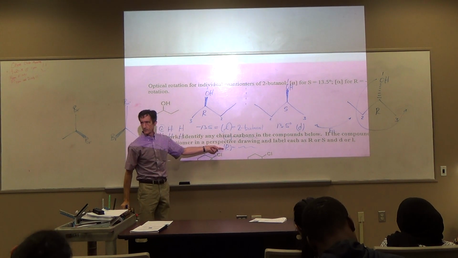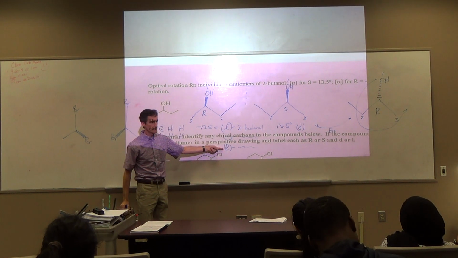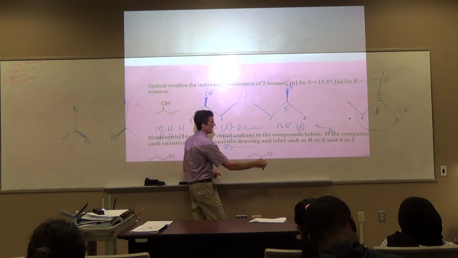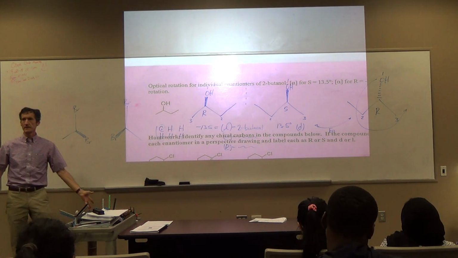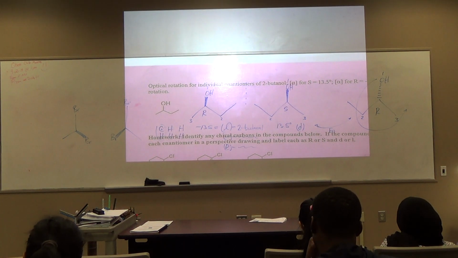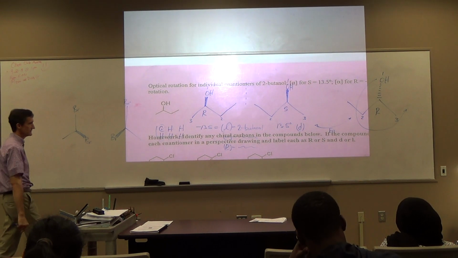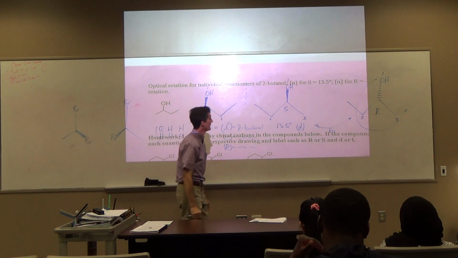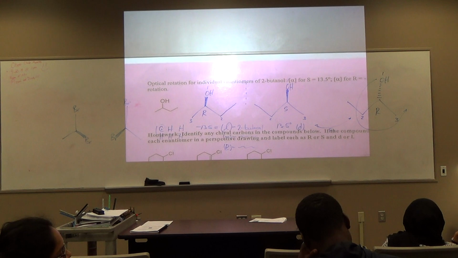That's possible just by looking at structure. And in this case, R was L, and D was S. But those are not related. Sometimes R could be D. These are not related, right? There you go. There's a closer look at enantiomers of 2-butanol.